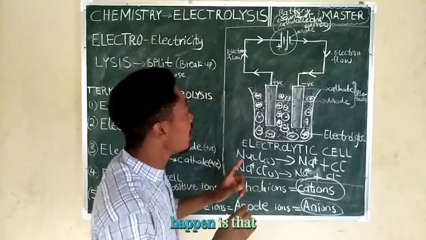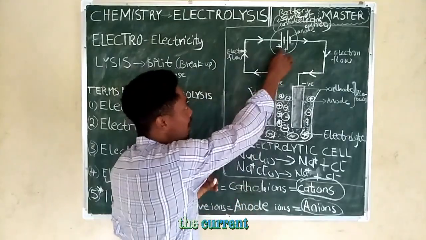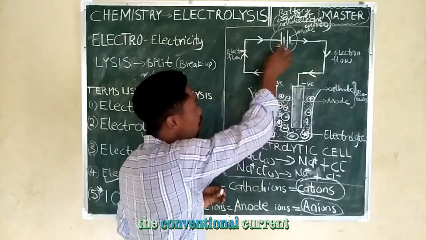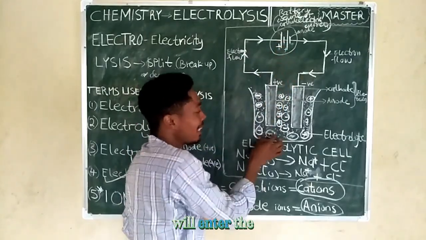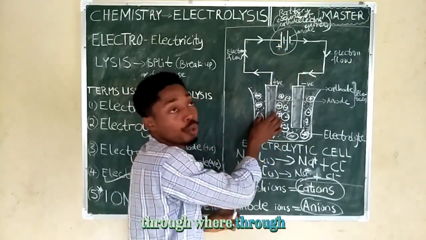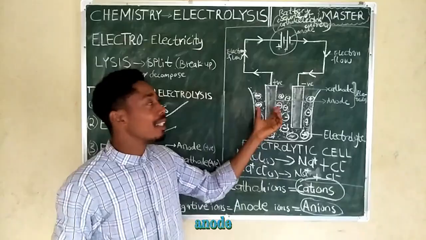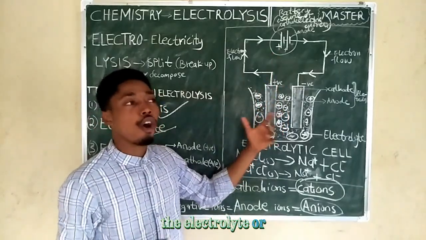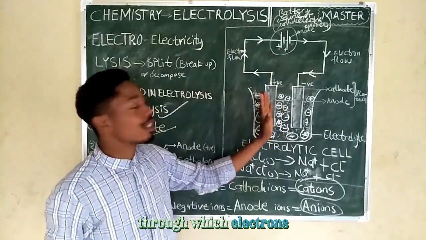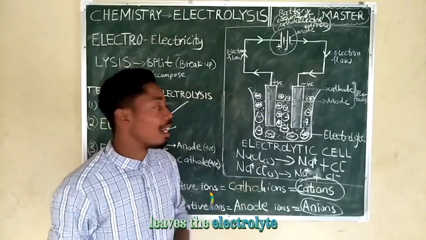The conventional current will enter the electrolyte through the anode. Remember that the anode is where the conventional current enters the electrolyte, or through which electrons leave the electrolyte.